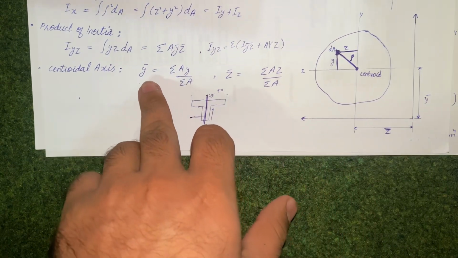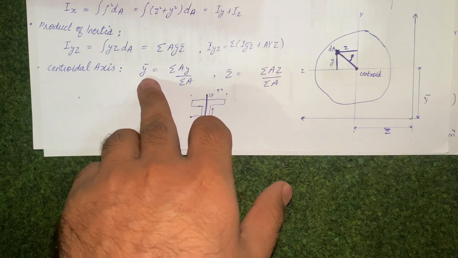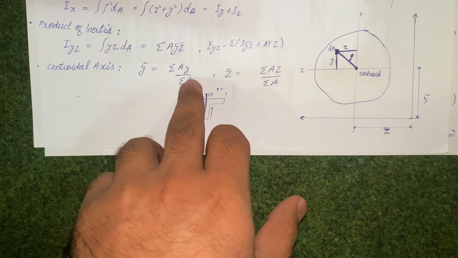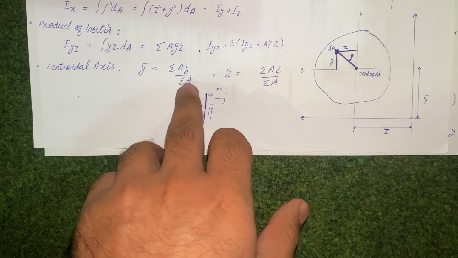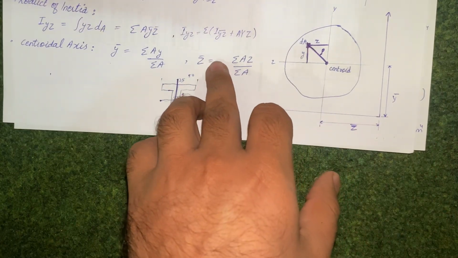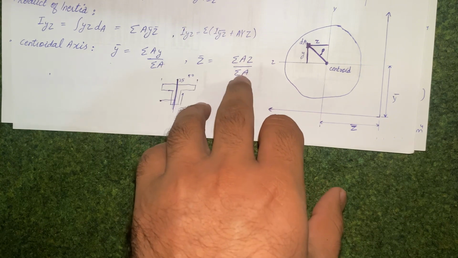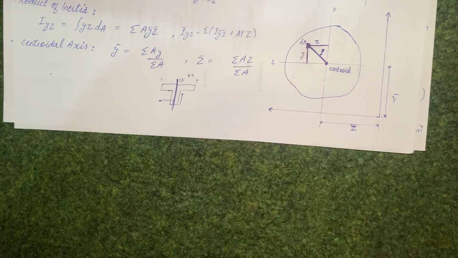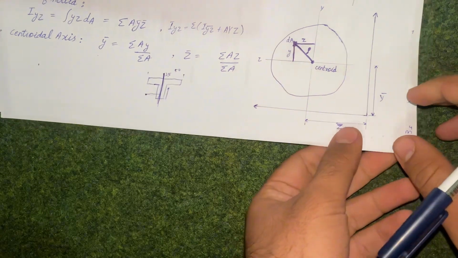In the case of y, if we locate the y centroidal axis, its formula is summation of A y divided by summation of area, and for the z axis the formula is summation of A z divided by summation of area. So these are some concepts of the geometric properties.